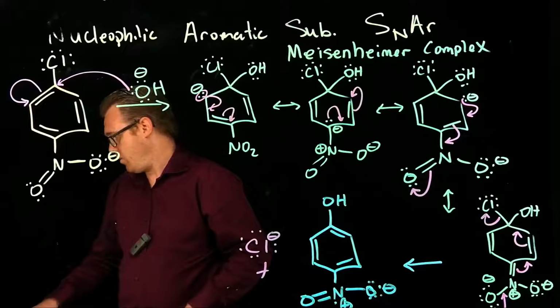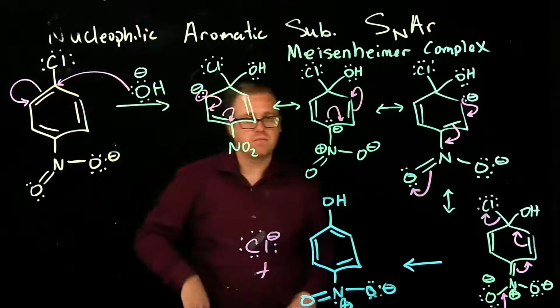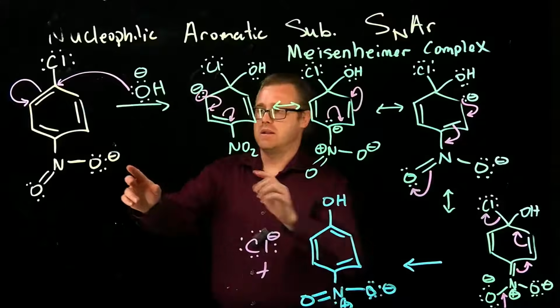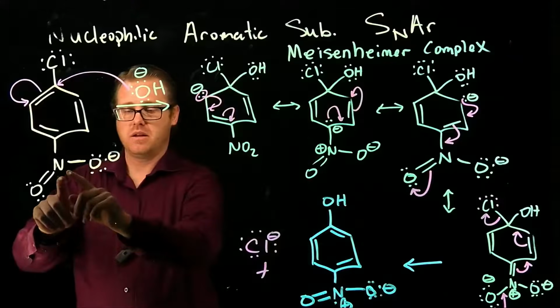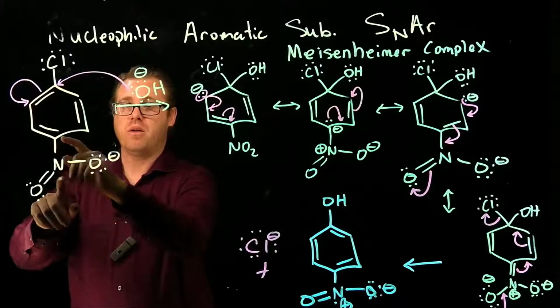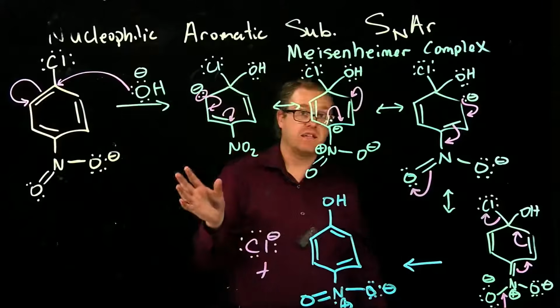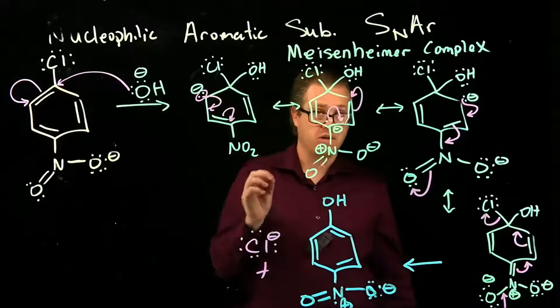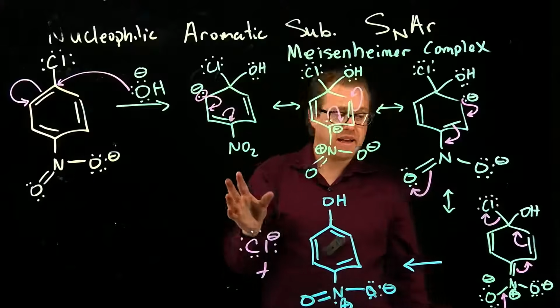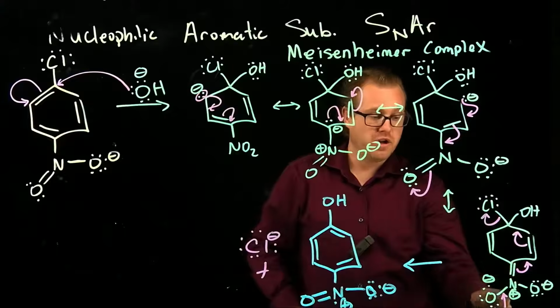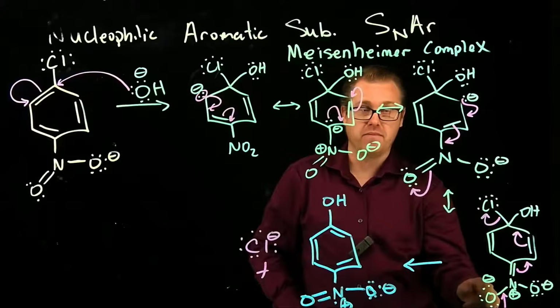Now you may be wondering, why does the nitro group have to be on the para or ortho positions? Well, it has to do with the fact that you need to stabilize that negative charge. And it stabilizes that negative charge by bringing that negative charge out of the ring onto the oxygen atom right here.